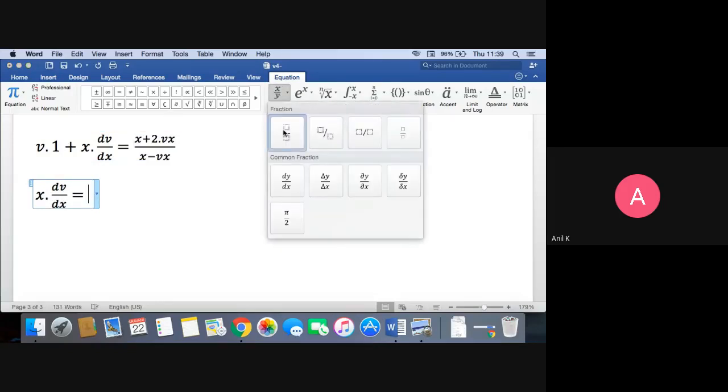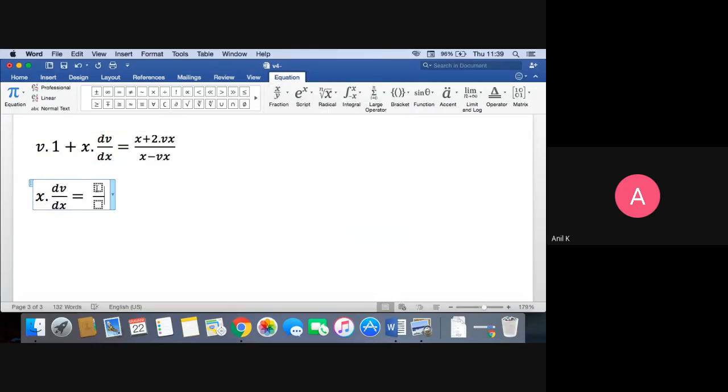So after cancellation of x, let's see what you are left with: 1 plus 2v upon 1 minus v, minus v. From where are you getting this minus v? Here in the LHS you have v into 1 that I am transferring to the right hand side. So plus v will become minus v.